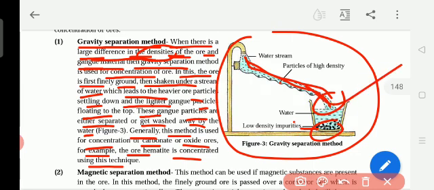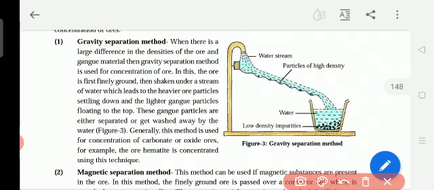If we keep anything in the water, light materials will be floating on the surface and heavy materials will be settling down. So in the stream of water we keep the finely ground material, which leads to the heavier ore particles settling down and the lighter gangue particles floating to the top. So impurities will be washed away. It is used for carbonate or oxide ores.